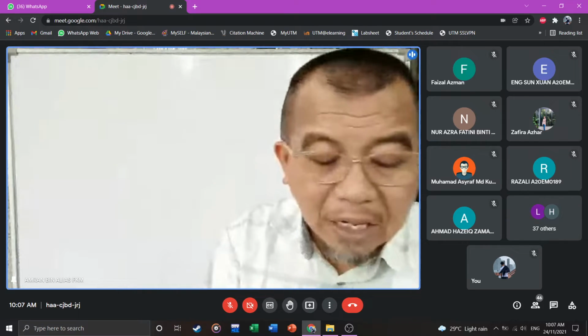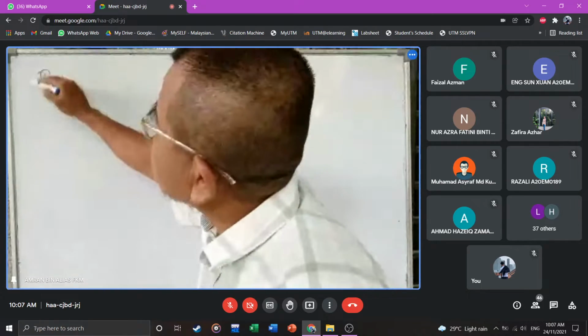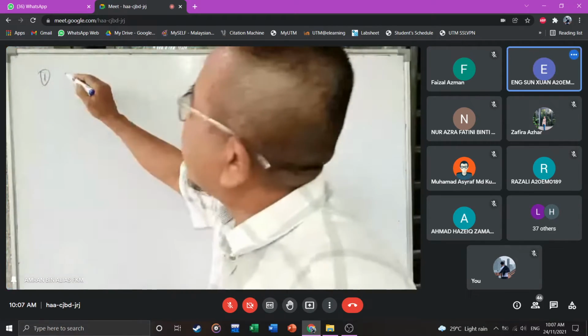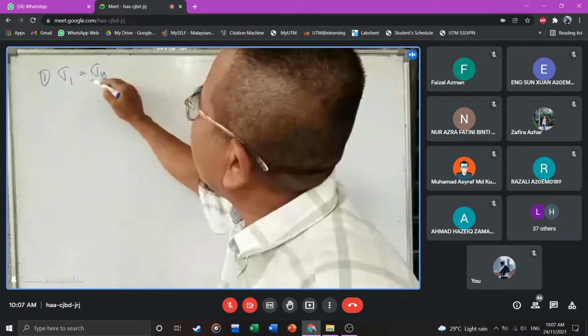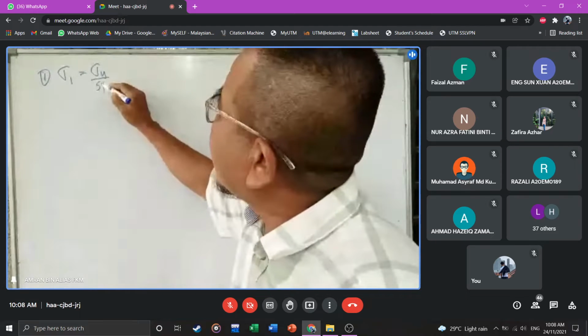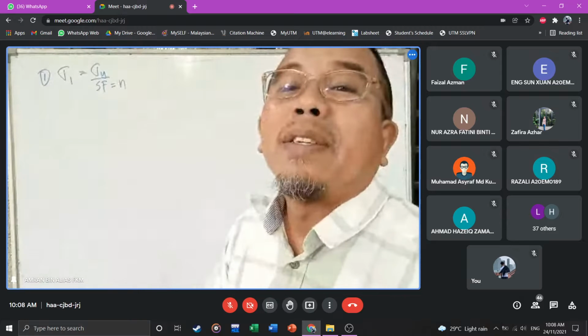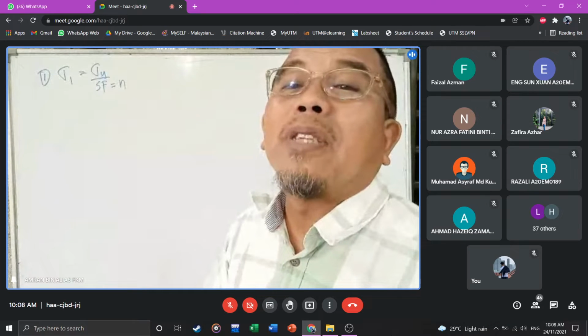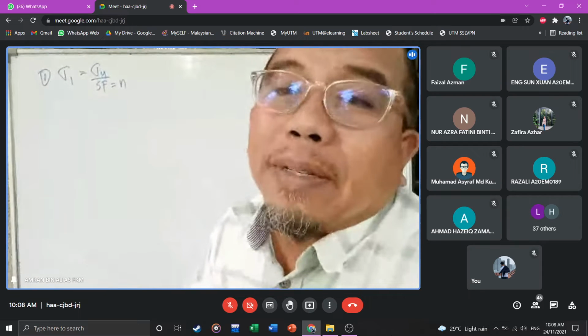So we have 5 failure theories. What is the first one? Rankine. We compare sigma 1 to sigma y, and the ratio is the safety factor. Some put it as F, some put it as N. Same thing. The symbol for safety factor, okay? Safety factor higher than 1, what's the meaning?